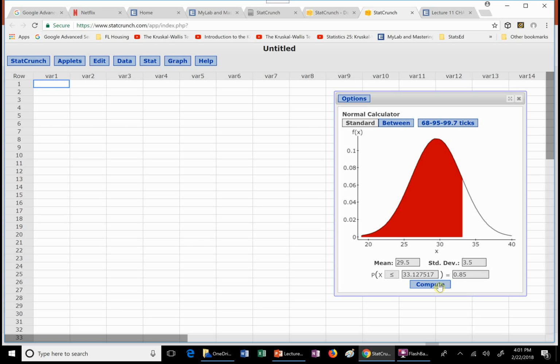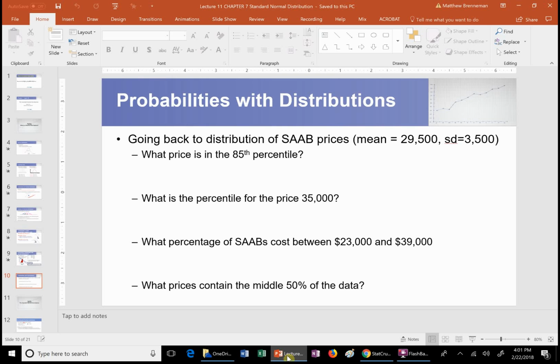Okay. Let's try another one. What is the percentile for the price 35,000? I'm rounding this off just using thousands. So let's find the percentile for 35K.